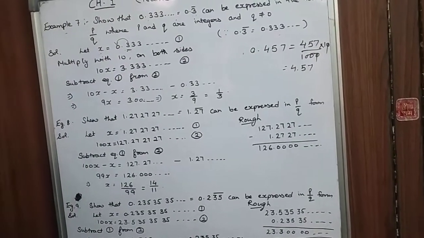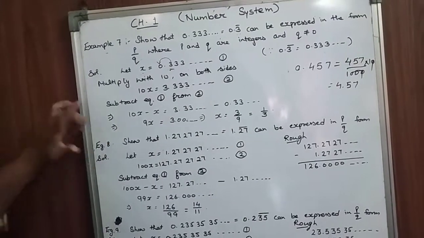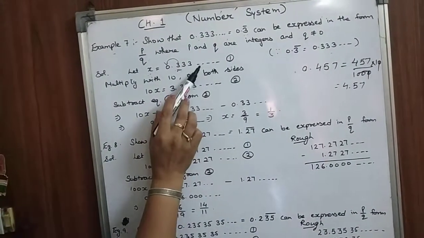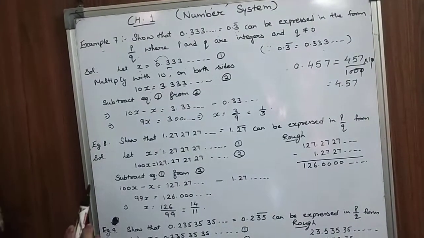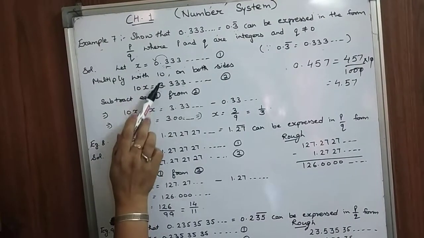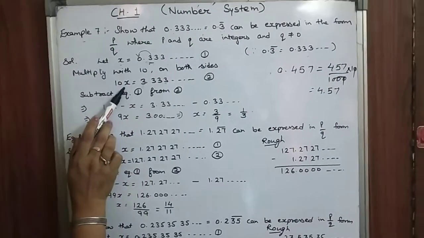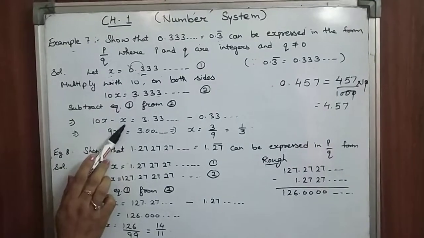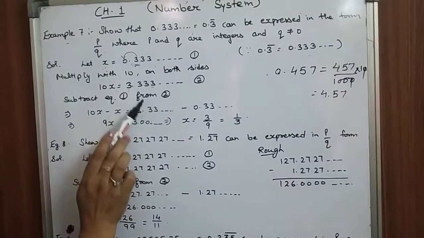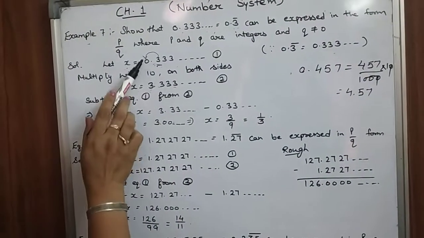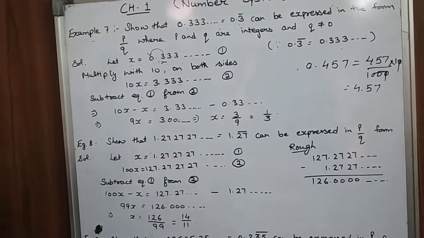Now the next step, you have to do it step by step. This is your first equation, this is your second equation. Subtract the first equation from the second. It means 10x minus x on the left hand side, and 3.333 and so on minus 0.333 and so on.